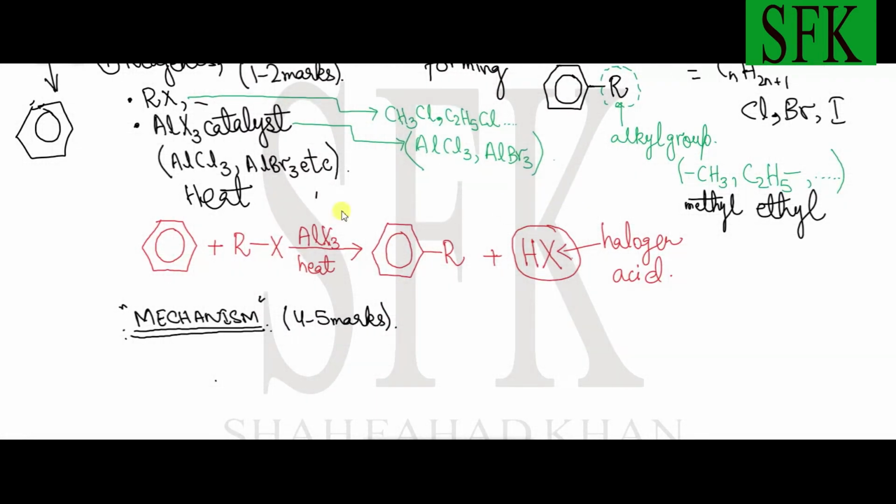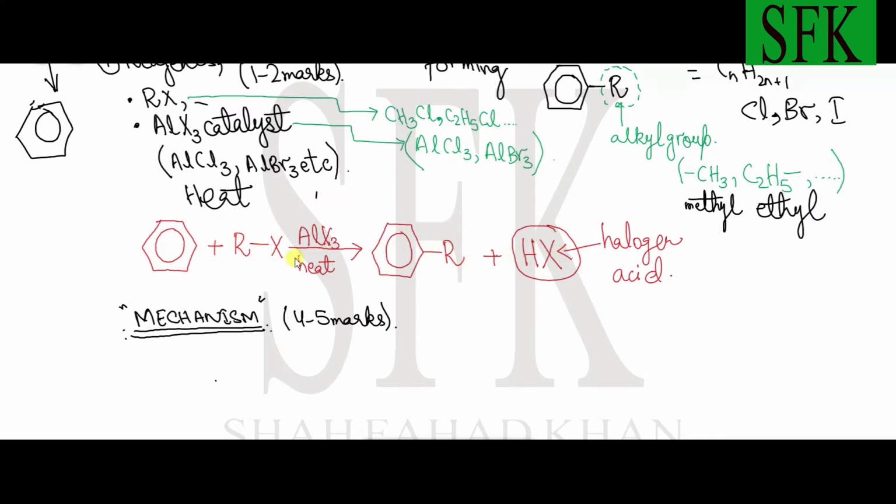Now let's move forward. The general equation of Friedel-Crafts alkylation is over here, represented in red. A benzene ring reacts with an alkyl halide, RX, in the presence of AlX3 catalyst and heat. We get a monosubstituted benzene ring with R, the alkyl group, attached as a substituent.